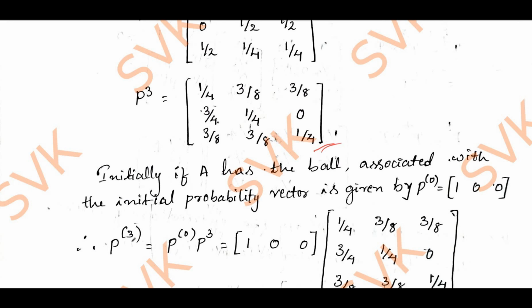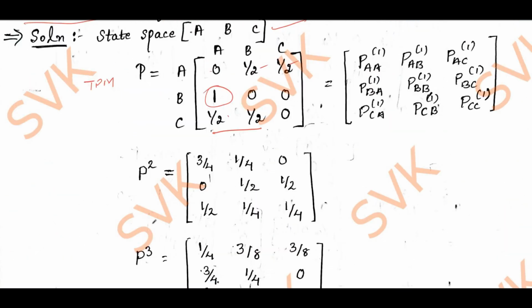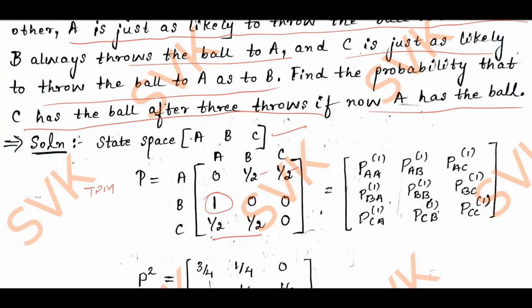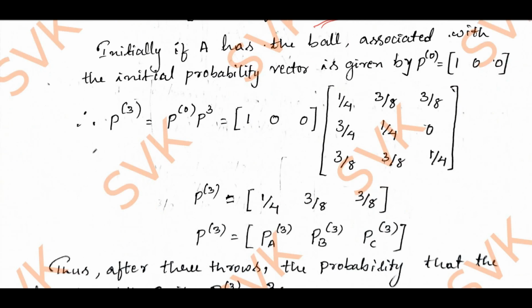So I need to find P3, meaning C has the ball finally after three throws. We are required to find this, and for that reason I am finding P3. If they ask for B having the ball after three throws, you would need to find PB3.